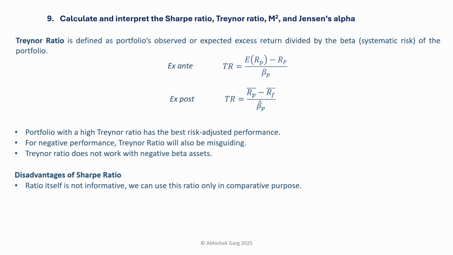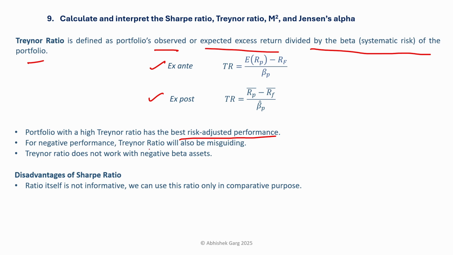Treynor ratio. It's defined as the portfolio's observed or expected excess return divided by the beta of the portfolio. So similar to the Sharpe ratio, we can calculate ex ante and ex post Treynor ratios. A portfolio with a high Treynor ratio has the best risk adjusted performance because you are generating greater excess return for 1 unit of beta. Beta is your sensitivity to the market portfolio.